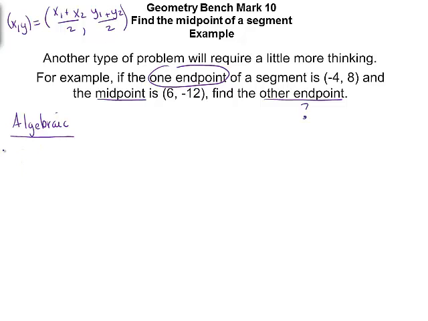So if we know the midpoint, we know that that equals the first x, which is -4, plus the second x divided by 2, and then the first y, which is 8, plus the second y divided by 2. And what we don't know is the second x and the second y.